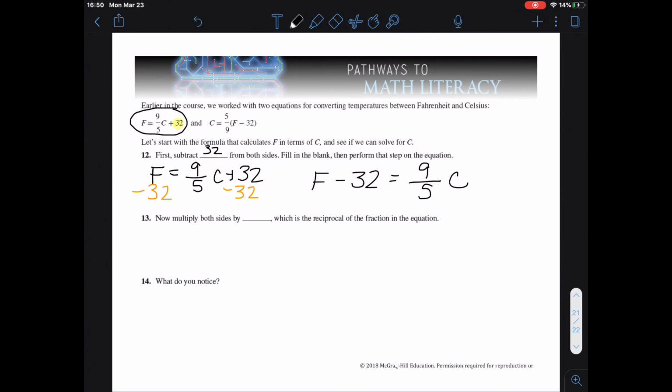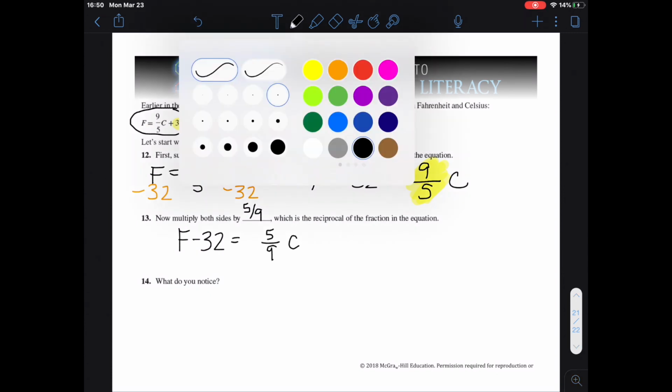So to solve for C, we need to now get rid of this 9/5. If you multiply by 5/9, it'll cancel this out. So we're going to multiply both sides by 5/9, which is the reciprocal of the fraction 9/5. So we've got F minus 32 is equal to 9/5 times C. Wrote the wrong thing there, this is 9/5.